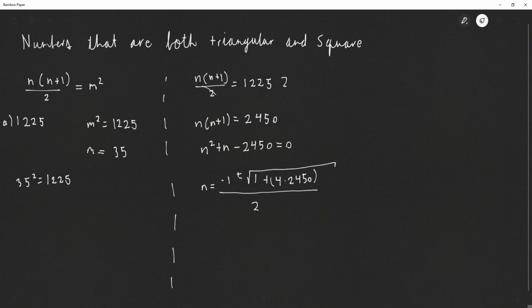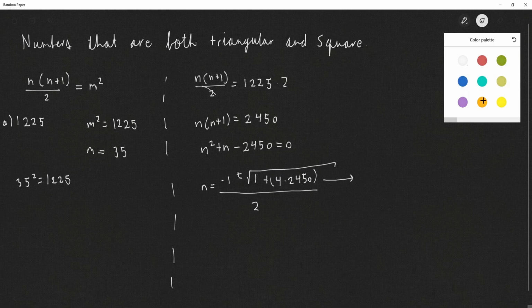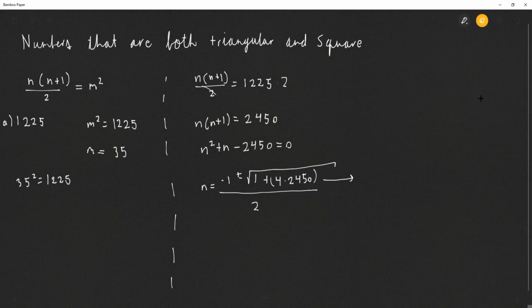We're able to compute the discriminant, which is our part under the square root. So under the square root, I'll write this in a different color, is going to give us 9,801.